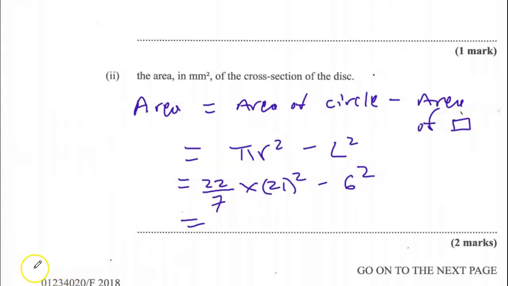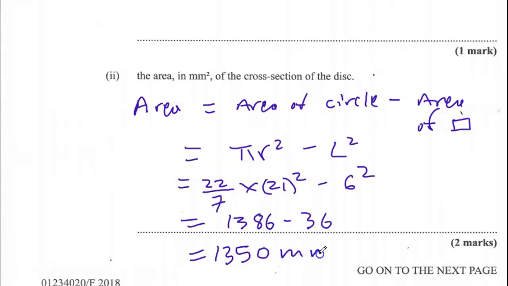Working this out with the calculator, 21 times 21 times 22 divided by 7 is 1386, minus 36, so it will be 1350 square millimeters.